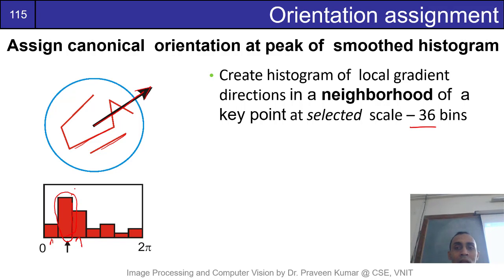In that way they handle more than one dominant direction. It will not be a duplicate because the reference point will be changing, but for that patch they will have multiple descriptors.